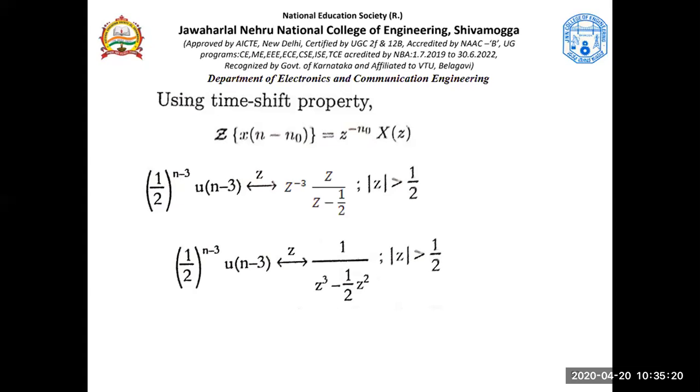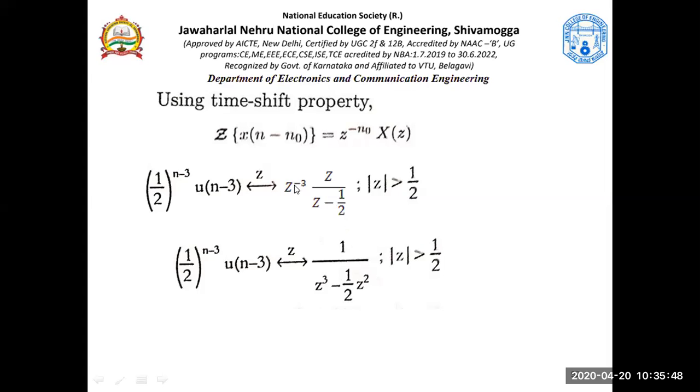What is done in this step? See here, one Z is in negative power, the other Z is in positive power, right? So they're trying to get this Z also as a positive power of Z. So what did they do? They brought this Z cube to the denominator. So Z to the minus 3 would become 1 by Z cube.